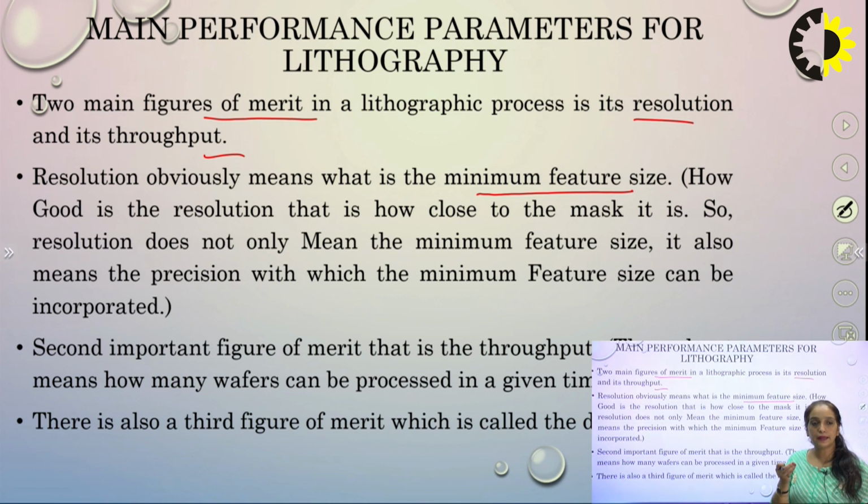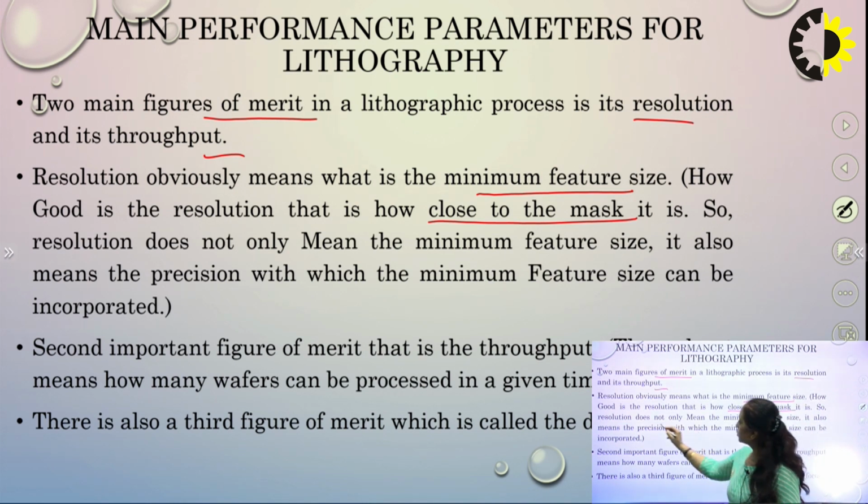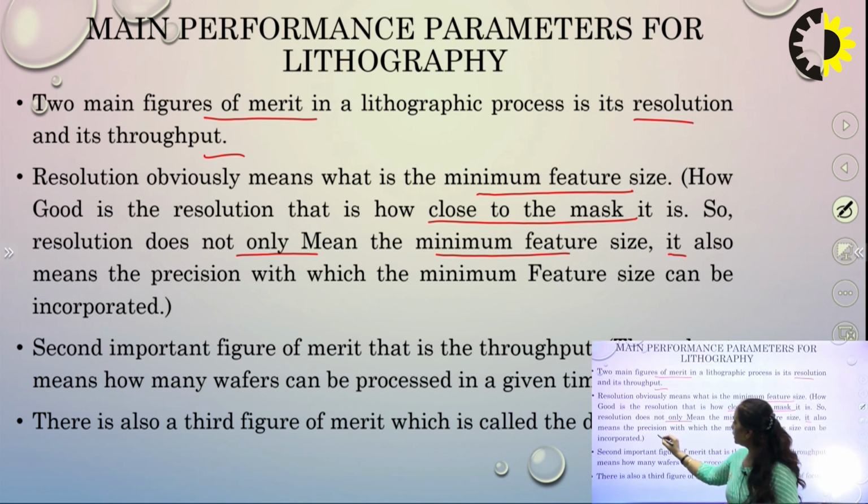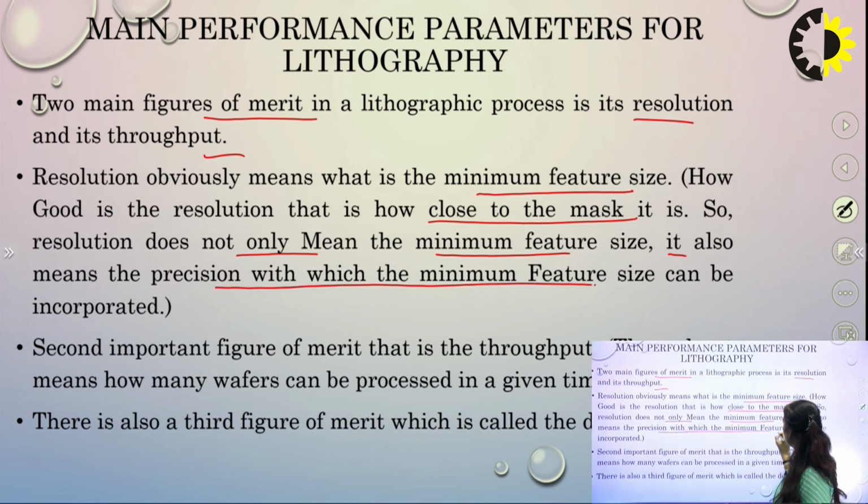That is, how identical the circuit is compared to your mask, so how good the resolution is. The resolution doesn't only mean the minimum feature size, it also means the precision with which the minimum feature size can be incorporated over the silicon substrate.